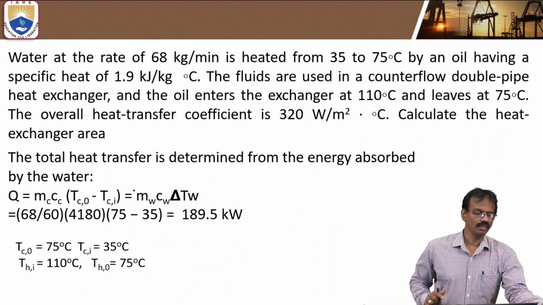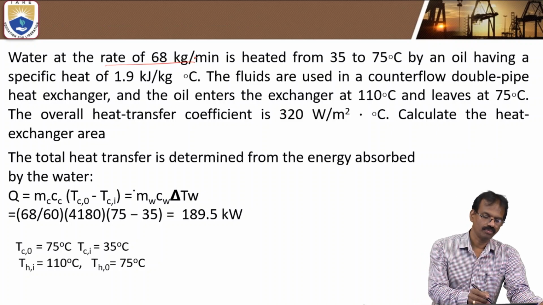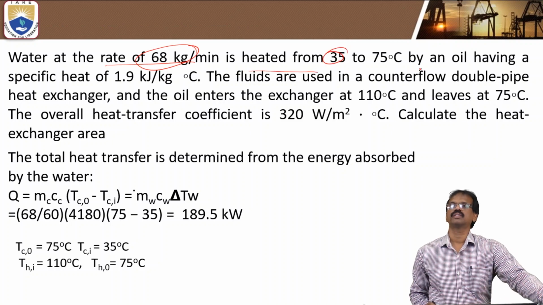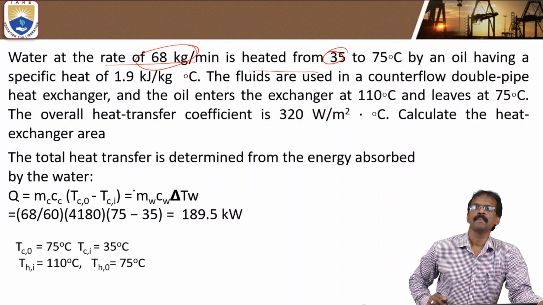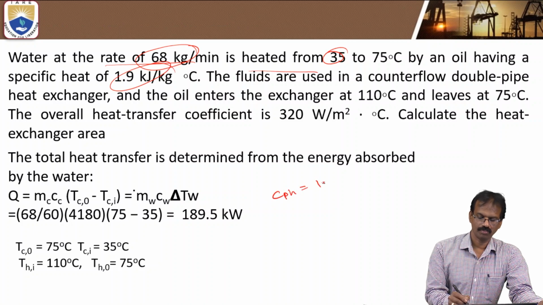We'll see one more numerical. Water at the rate of 68 kg per minute, the mass flow rate of water has been given, is heated from 35 degrees to 75 degrees Celsius by an oil having specific heat CPH value 1.9 kilojoule per kg Kelvin, or kg degree Celsius also, you can take anything.